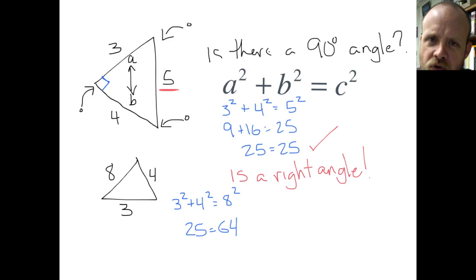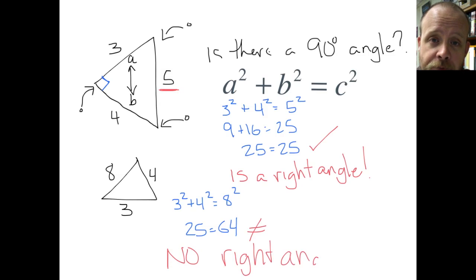Well, that doesn't work, right? That's not true. 25 is not equal to 64. So as a result, we know that there is not a right angle or a 90-degree angle anywhere in that triangle. It's not valid. So this is a quick and easy way to determine whether or not a triangle has a 90-degree angle.